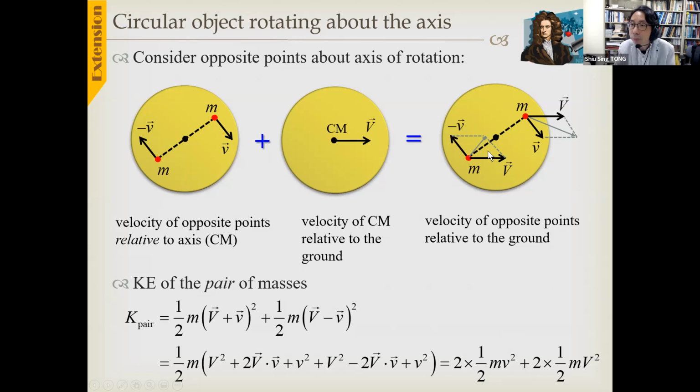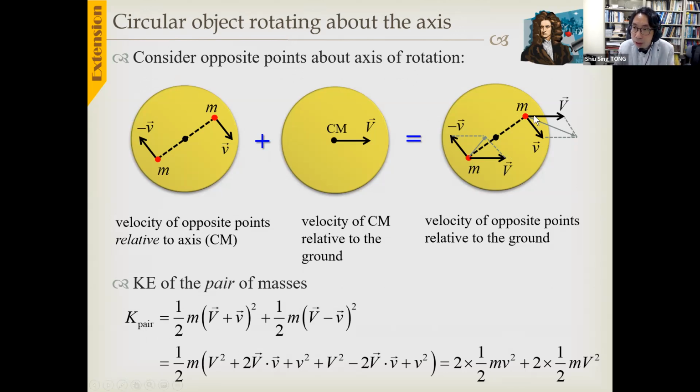Now from this diagram, you can't notice any similarity between these two arrows. They seem to be very different. But if I consider the kinetic energy of these two particles in a pair, I will have some interesting result coming out. Believe me or not, let me consider it.